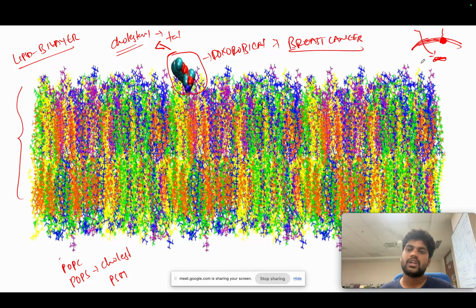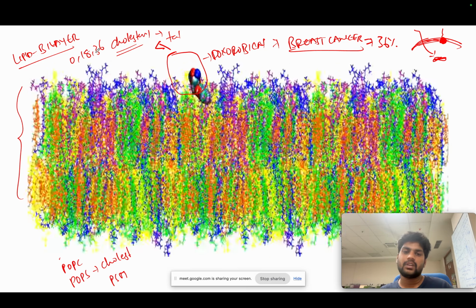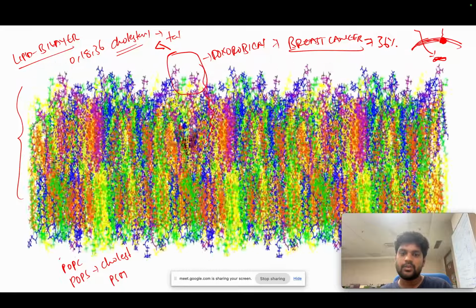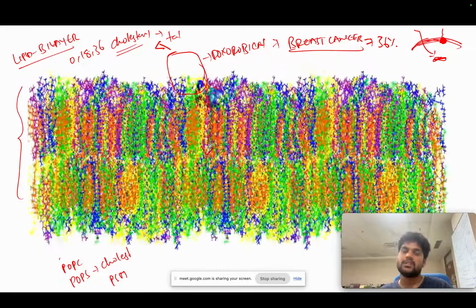One of the papers gave that the cholesterol in the lipids of a breast cancer patient will be 36%. So we designed the systems with different percentages, 0, 18 and 36, and figured out whether, if we move the drug inside the system, it can go inside and how much energy is needed.